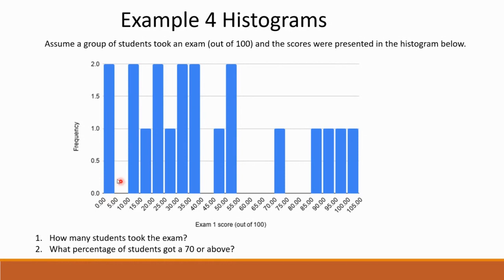So if someone got a 1 or 2, the number of those students that got greater than or equal to 0 but less than 5 would be here. There would be 2 students whose score is in this interval. Here, there are 2 students who got an exam score greater than or equal to 10 but less than 15.